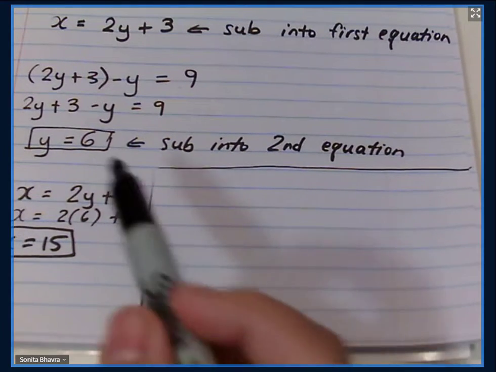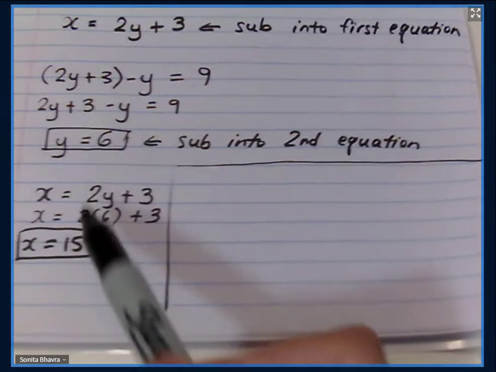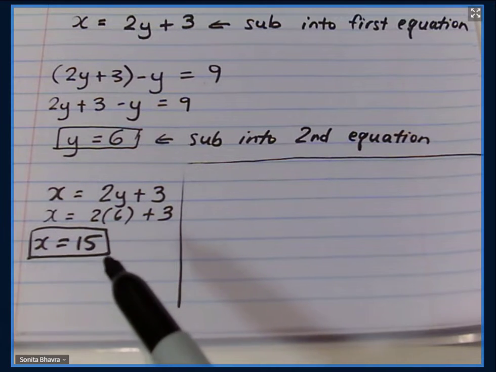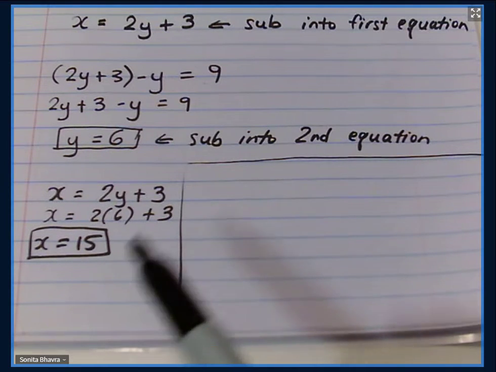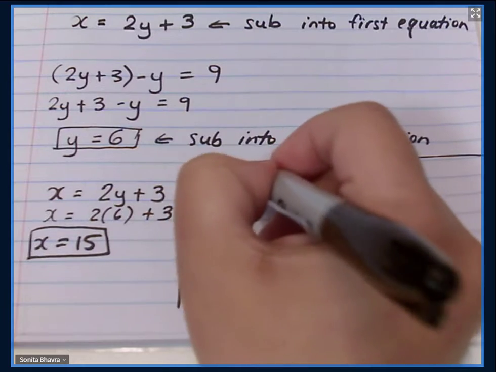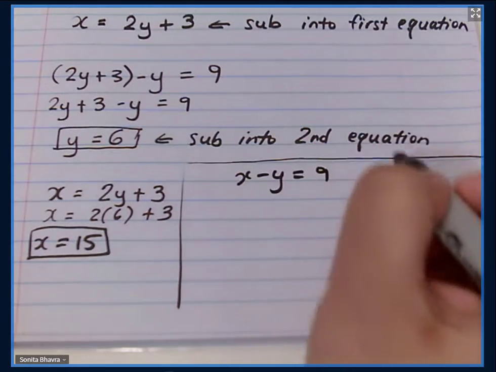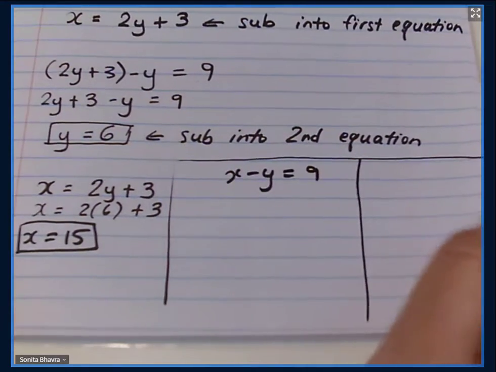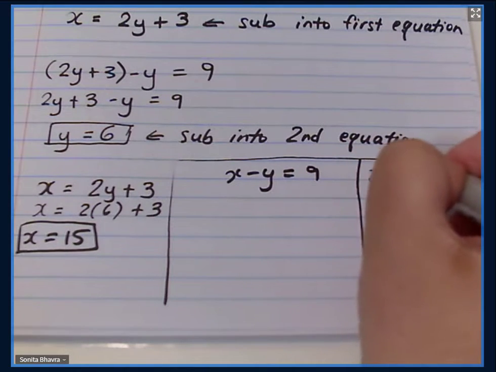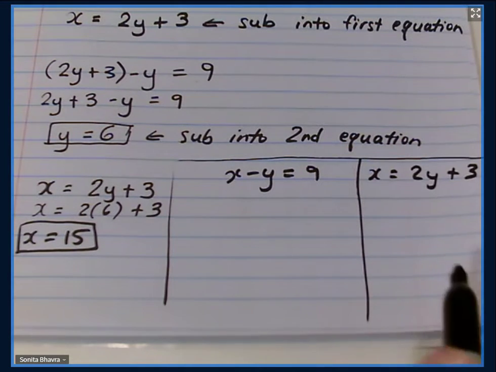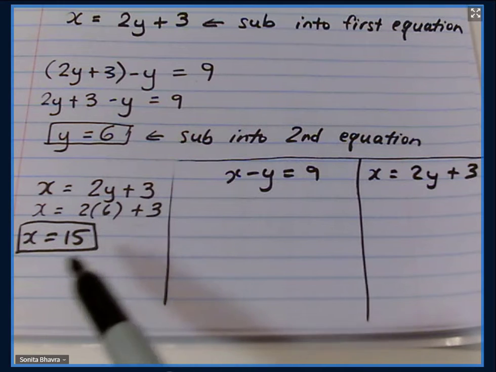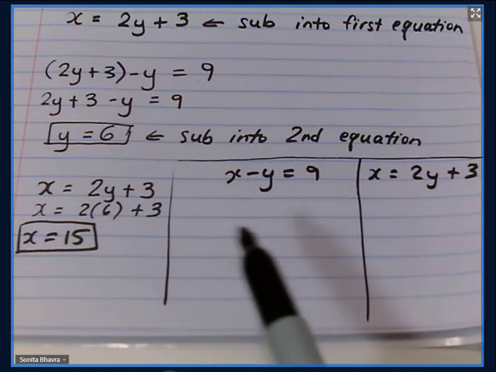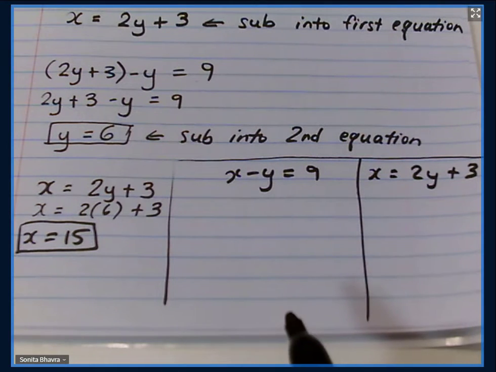So basically, y equals 6 and x equals 15 has to work for both equations. So our first equation was x minus y equals 9. And our second equation was x equals 2y plus 3. So when we substitute 15 for x and 6 for y, left side has to equal right side.